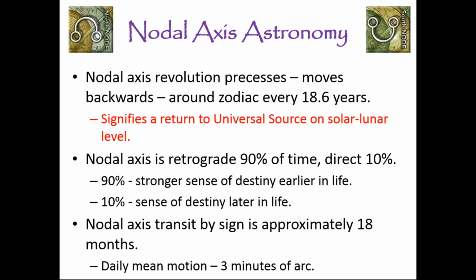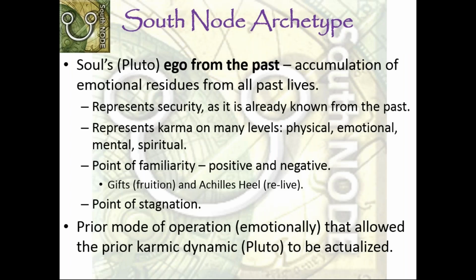If you're one of the 1 out of 10 people, 10%, born with the nodes direct, you get that sense of destiny later in life. The nodal axis transit spends approximately 18 months in each sign of the zodiac.